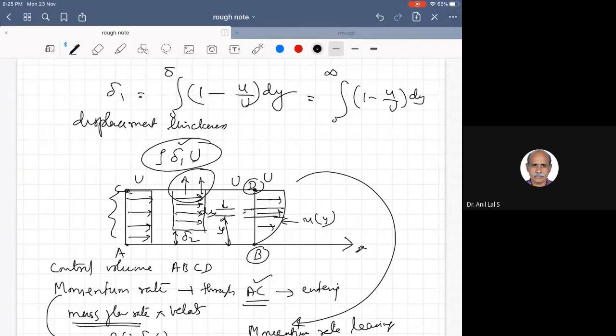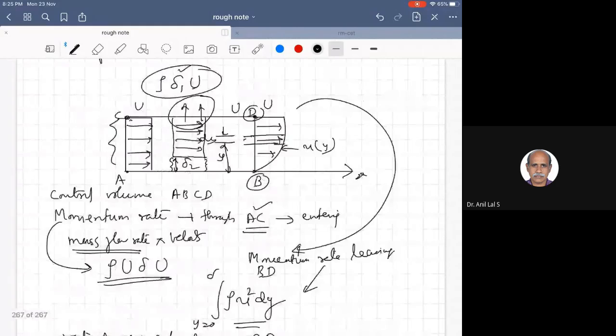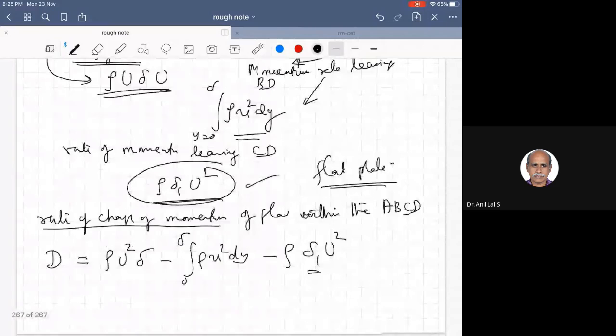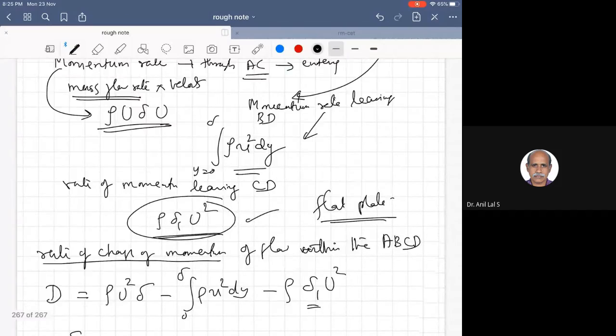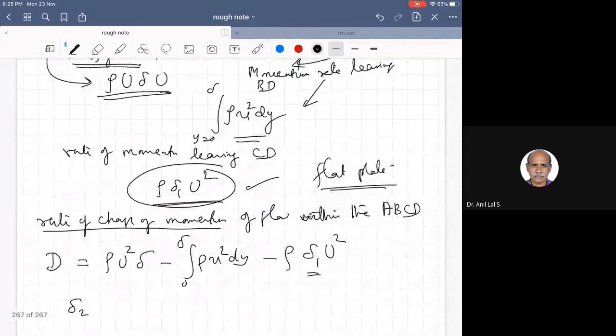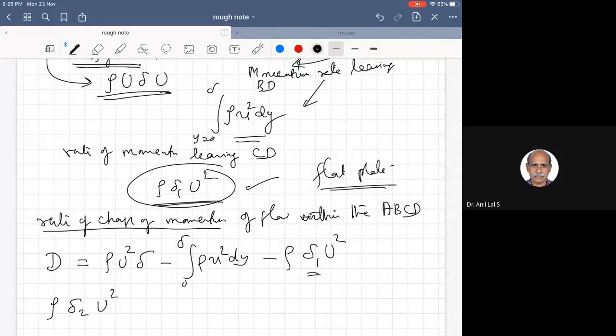And then what is the rate of momentum through this delta 2? In delta 2 we are considering that the velocity is U, so delta 2 into U is the volume flow rate, and with density it is the mass flow rate, times U squared.